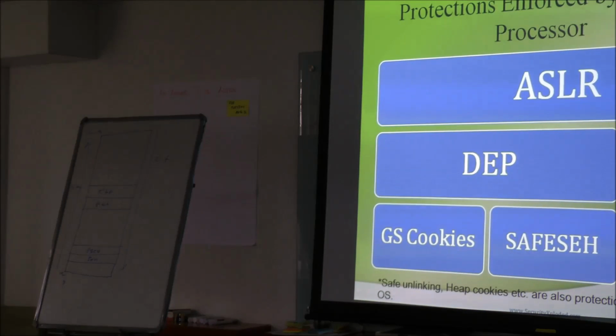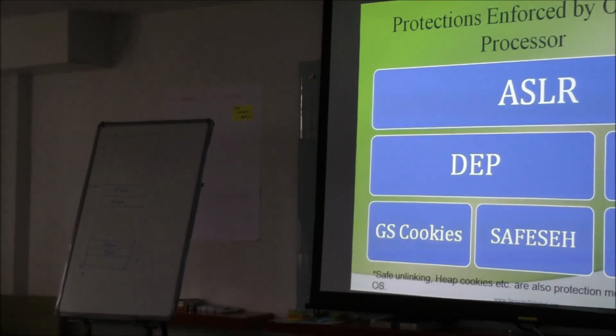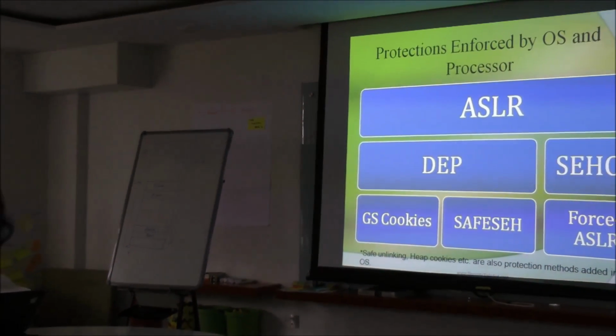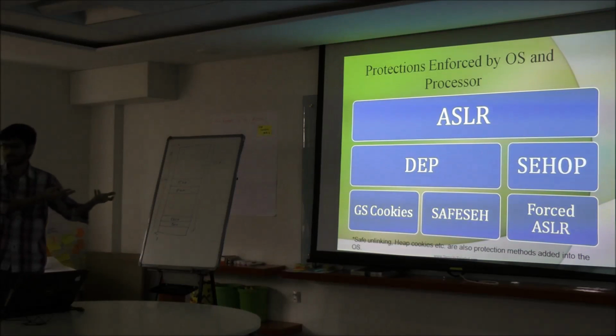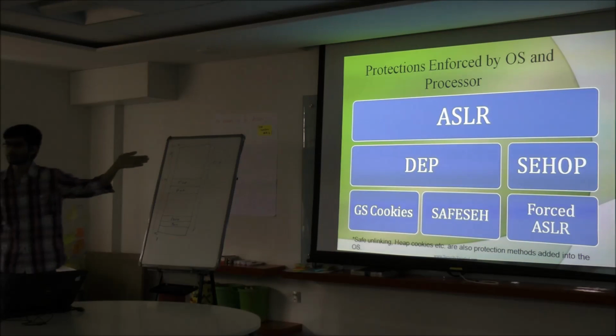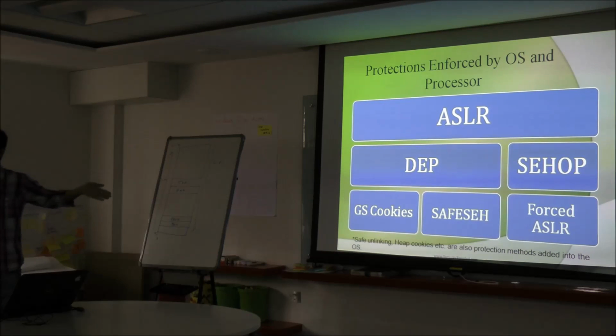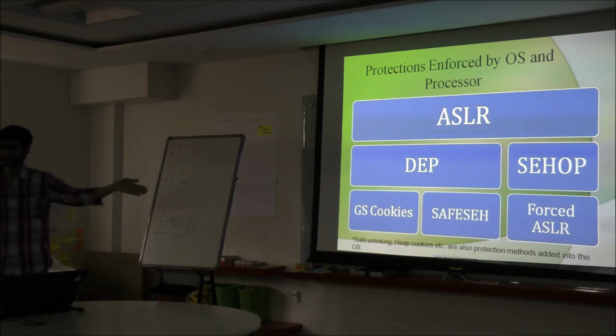So these are the protections enforced by the OS, the operating system. I say OS and operating system because it is the combination of both. The processor and the operating system work closely with each other, and they enforce some of these protections. Some are completely dependent on the operating system, while some depend on the processor as well, at the hardware level.